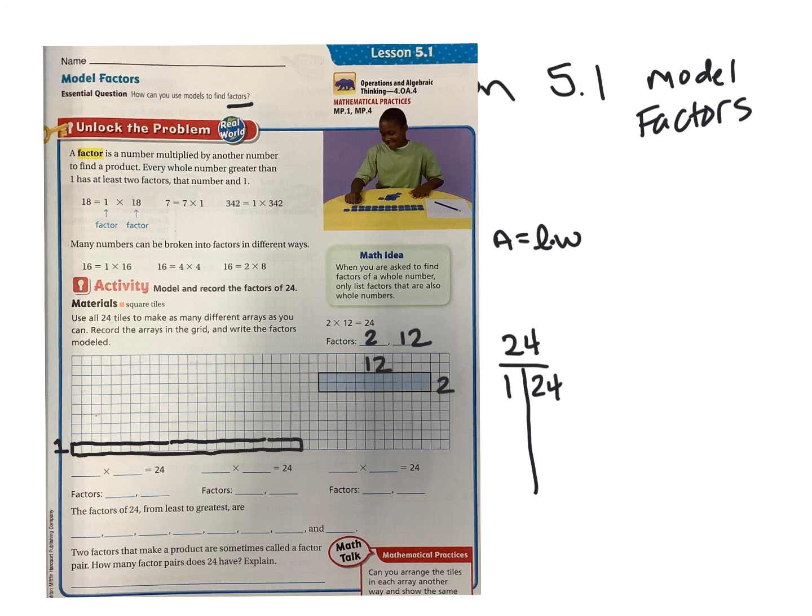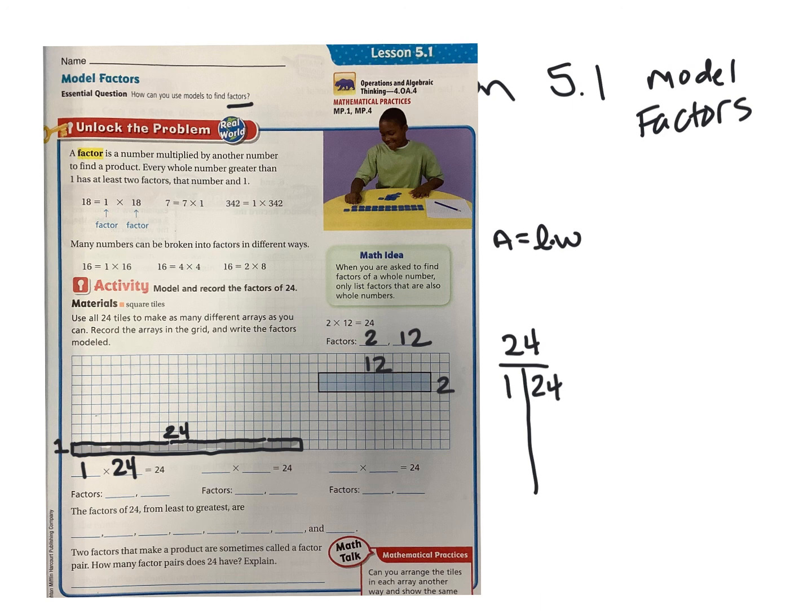And so that rectangle is the factors 1 times 24, which equals 24. And that's the area. The length is 24 and the width is 1, so the area of this rectangle is 24, meaning there's 24 squares inside that rectangle.